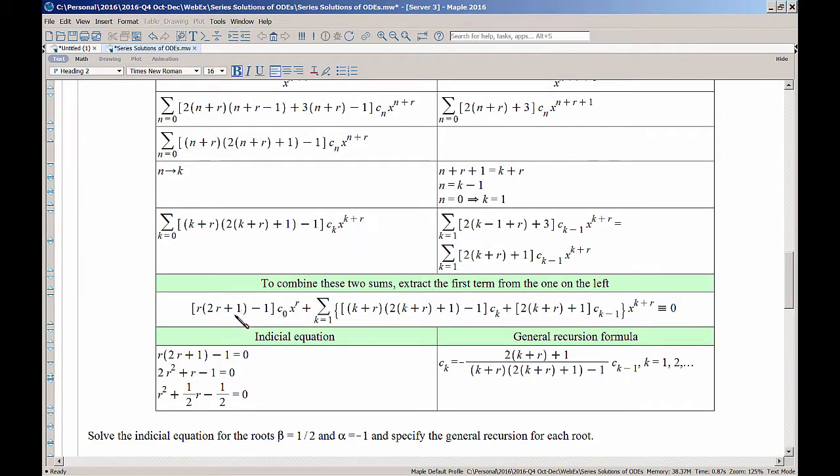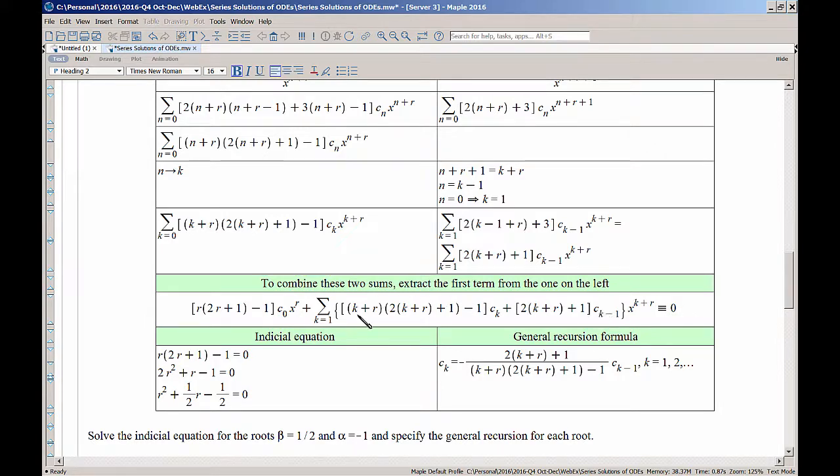I factored into this form: c0 x to the r. And the rest of this stuff starts at 1, and you have these pieces, which are here, ck, and these pieces here, ck minus 1, x to the k plus r, must be identically 0.